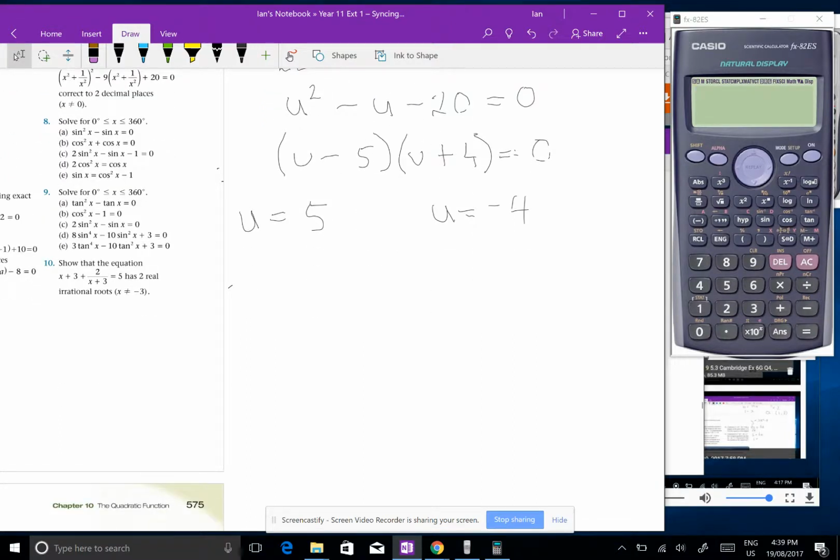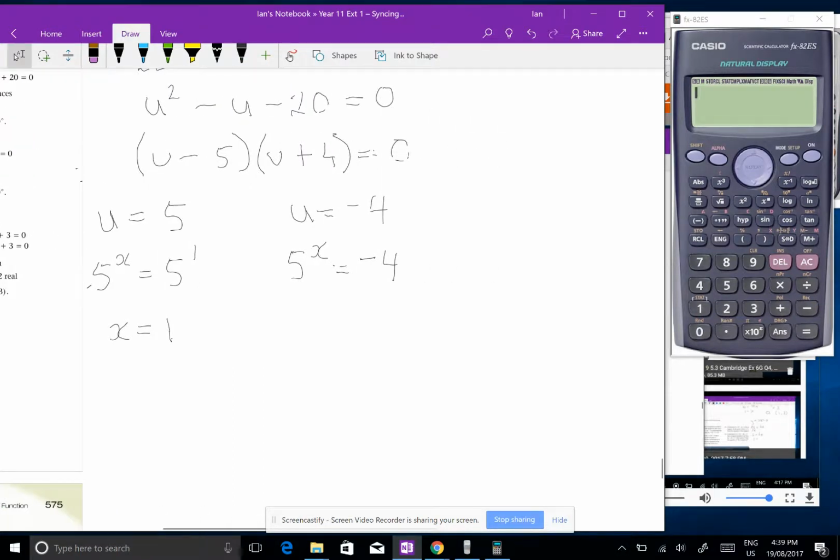Let's substitute them back in. So 5 to the x equals 5 to the 1. That means x can equal 1. There's one solution. But we also know that 5 to the x equals negative 4.